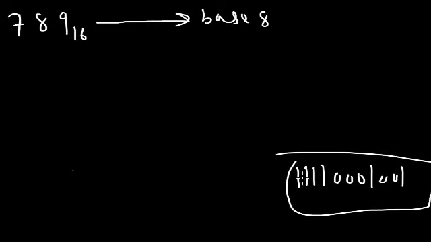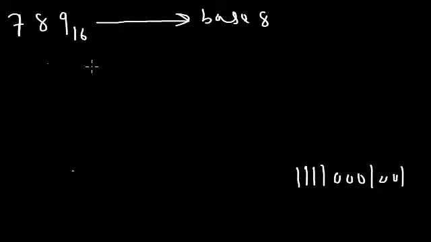You want to form groups such that within each group you have 3 binary digits. Starting from the right-hand side, I'm going to form a group of 3 digits: 1, 2, 3. Unfortunately, this leftover group is not 3 digits, so you add 0 to it.